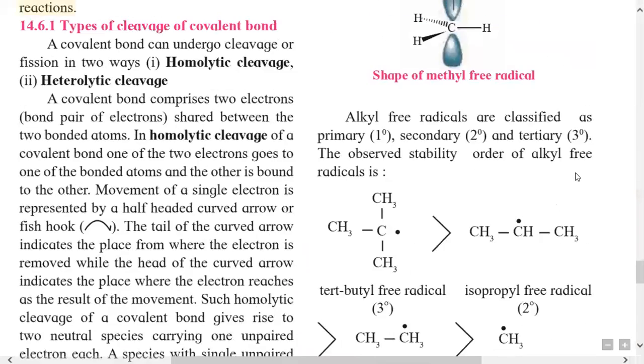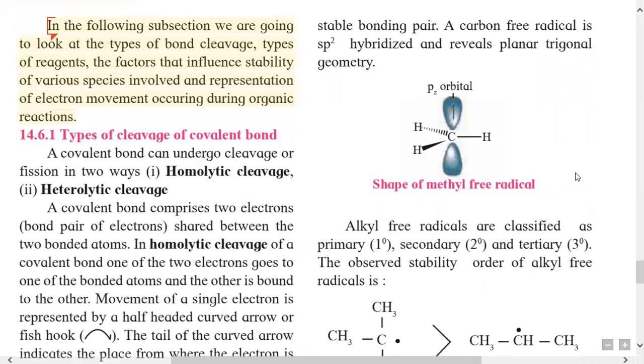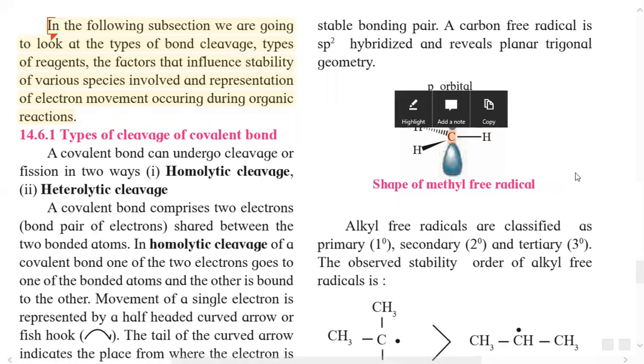The structure of this methyl free radical with its orbitals is given. At the center there is a carbon. This is a three-dimensional geometry shown in two dimensions. One hydrogen with a normal line indicates a bond in the same plane as carbon.